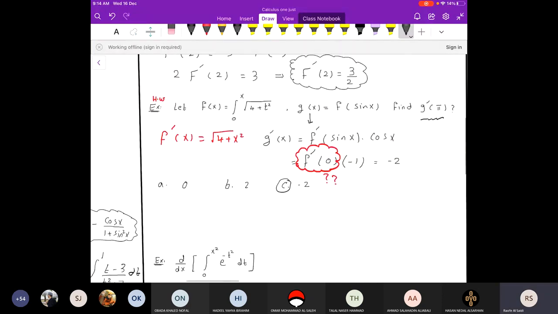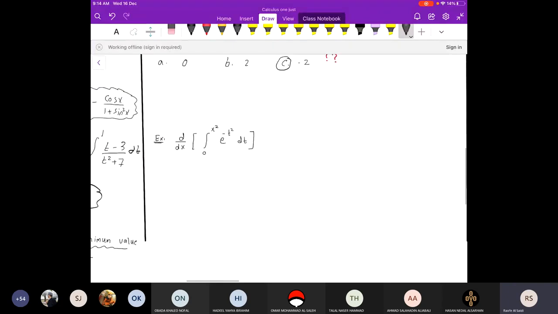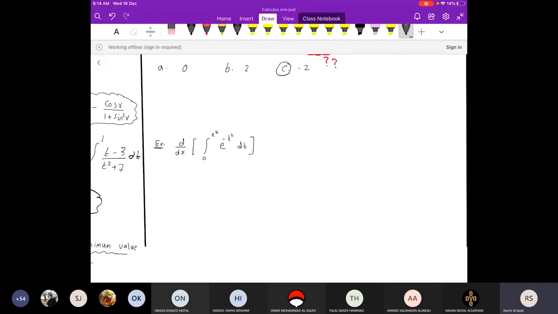Any question about the fundamental theorem of calculus? Okay, we have another example, the last one. d/dx of the integral from 0 to x squared of e to the power minus t squared. Who can differentiate this function for me? e to the power minus x to the power 4 times 2x. How do we differentiate this function?